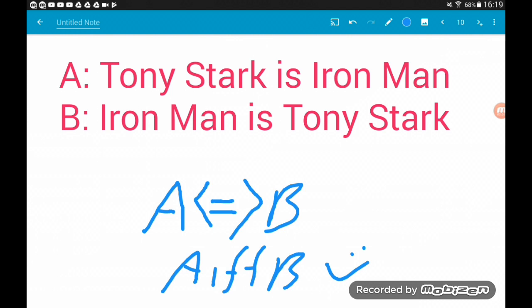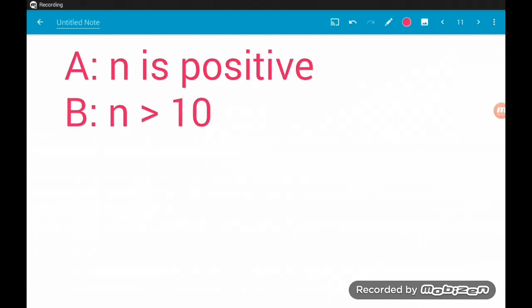Okay, hopefully that's shed some light on the situation. Now it's time to get the maths involved. Yay. Okay, first mathematical example then. Statement A, n is positive. Statement B, n is greater than 10. So, let's check for equivalence here. Does statement A imply statement B?